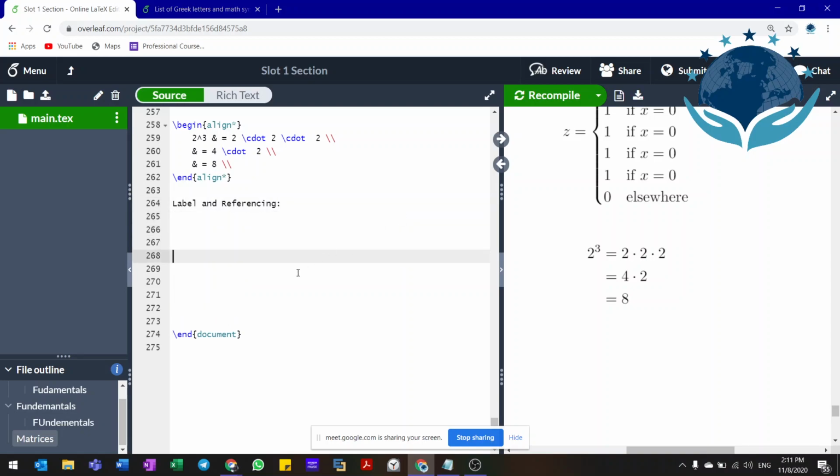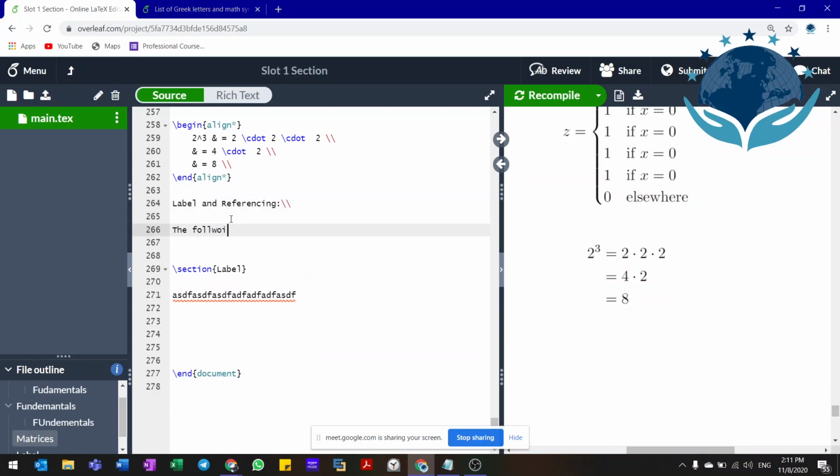Okay, now let's say this is going to be the section for label. Okay, some text. The following section represents the labels.